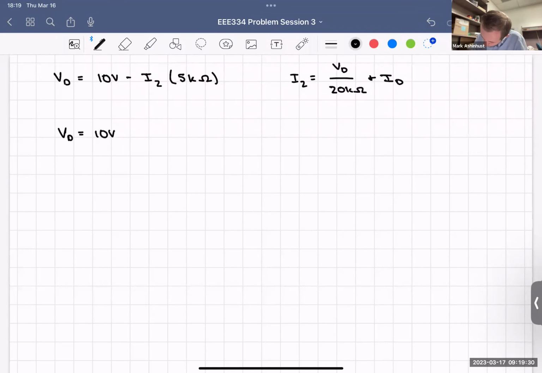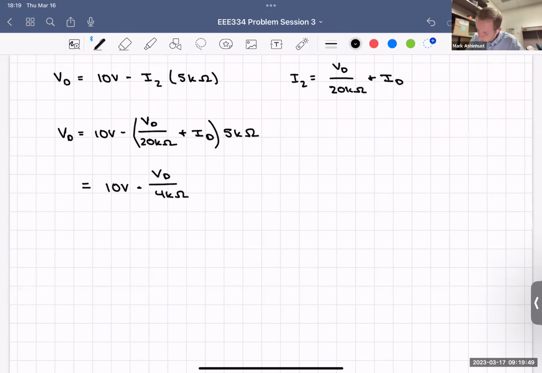VD equals 10 volts minus (VD over 20 kilo ohms plus ID) times 5 kilo ohms, which is equal to 10 volts minus VD over 4 kilo ohms, since 5 over 20 is 1/4, minus 5 kilo ohms times ID.